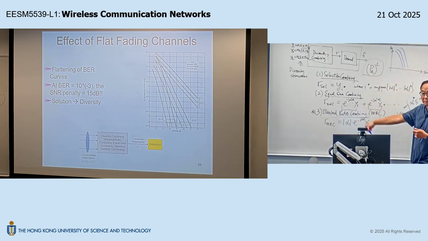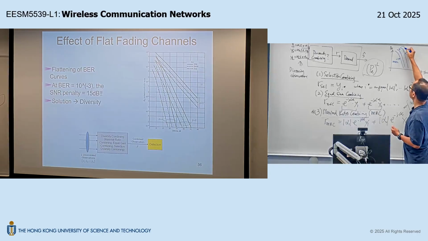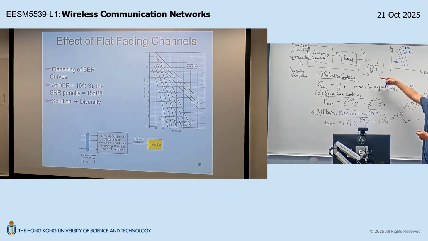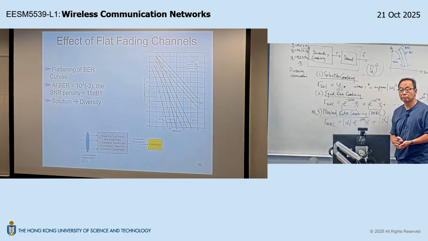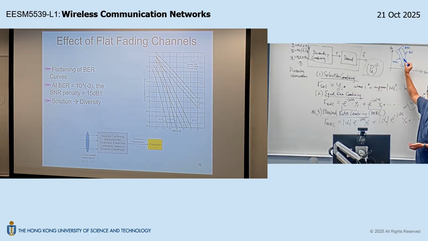These three ways of combining. So this is selection combining. This is MRC. Okay? And the middle one is equal gain combining. The key message is that any one of these combining methods, you can achieve the same slope. That is the first order benefit will be the same. The differences between these different ways of combining is just a horizontal shift. And the horizontal shift, as I explained, is a second order issue.